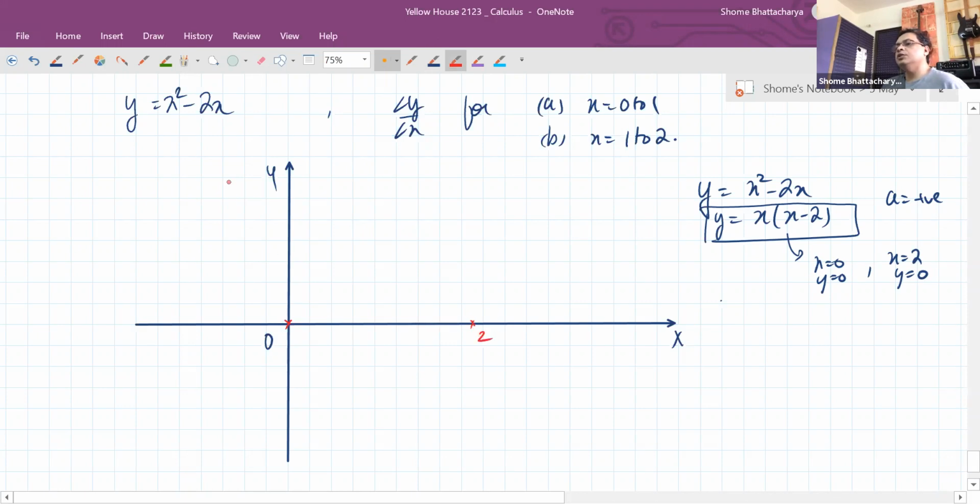So the graph has to be of this kind of shape. So parabola opening upwards. So it has to be in general a shape like this. Okay, so naturally, this is the point where it reaches its minimum value. You can see if you put x equal to 1, you get the value of y as minus 1.